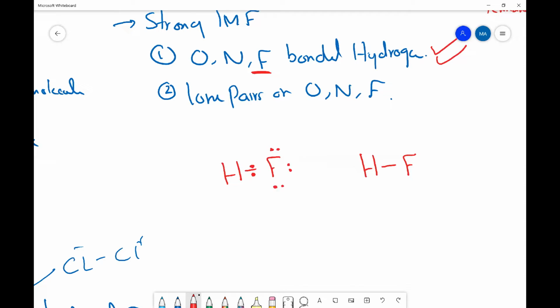So these lone pairs, if there are lone pairs present, you're satisfying the second condition as well. So you can say, yes, okay, now you can have the hydrogen bonds because both of the conditions have been satisfied. O, N, or F, in this case, fluorine is bonded to hydrogen, and fluorine also has lone pairs. So now what happens is that the force between these two HFs, the intermolecular force, is known as the hydrogen bonds.